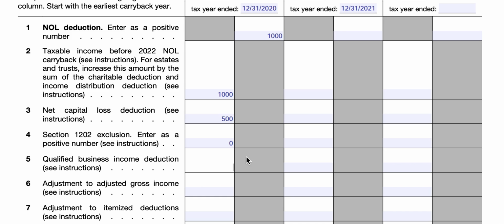For line 5, you're going to enter your QBI deduction from section 199A. This again is a positive number of the amount of any QBI deduction and domestic production activities deduction from specified agricultural or horticultural cooperatives.